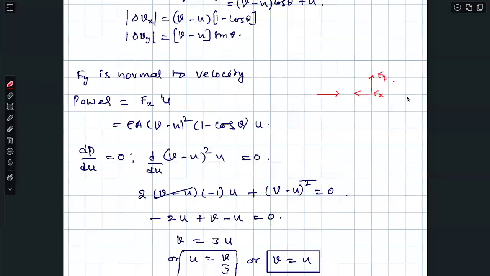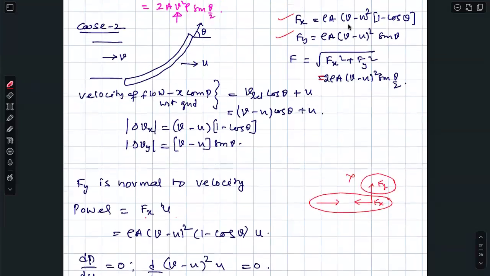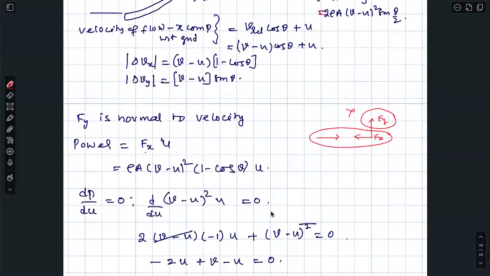For power, Fy has nothing to do, because the product is 0. So you require only the product Fx into U. The Fx term we already know: rho A (V minus U) square (1 minus cos theta) into U.